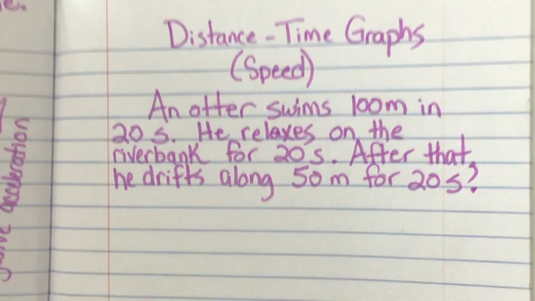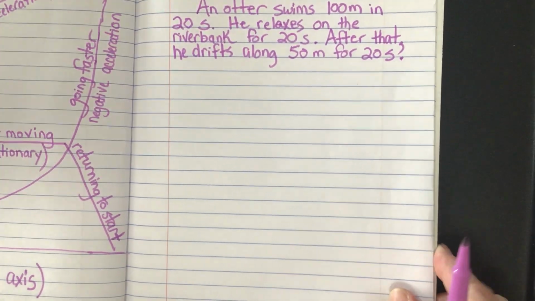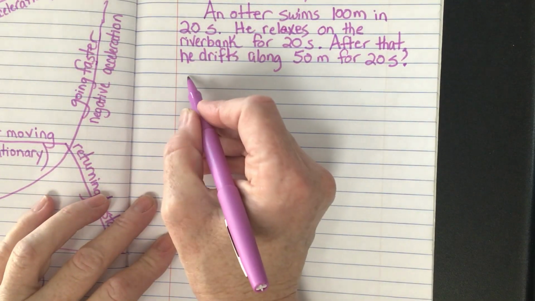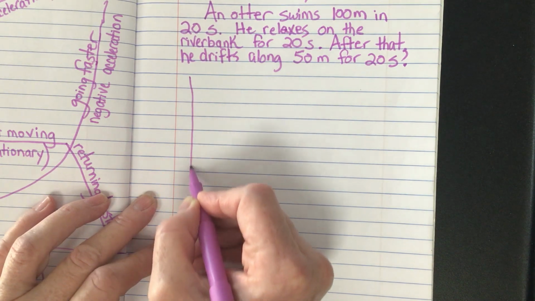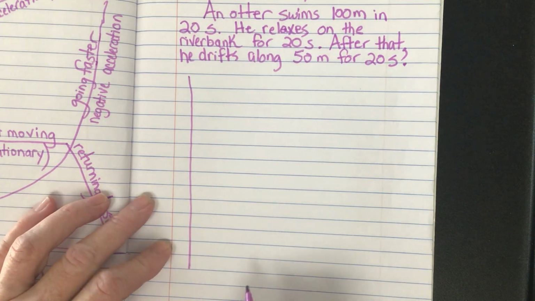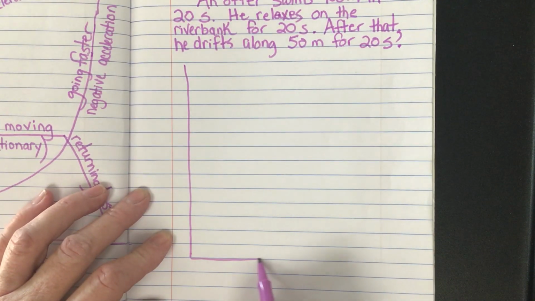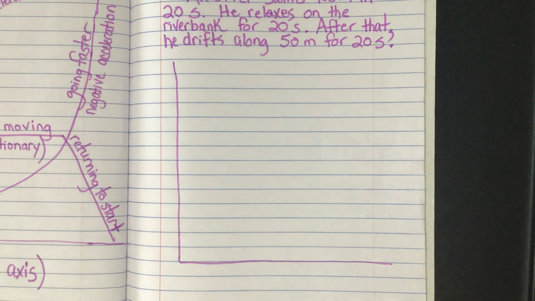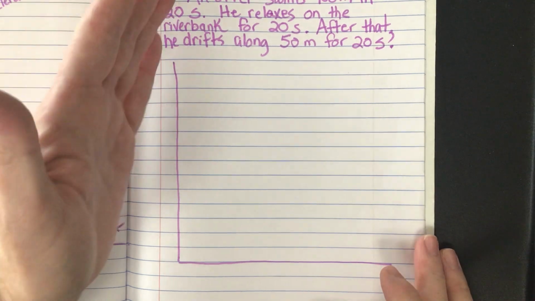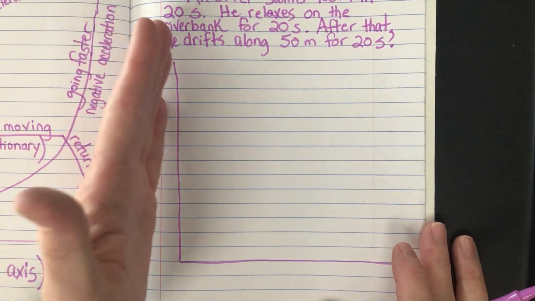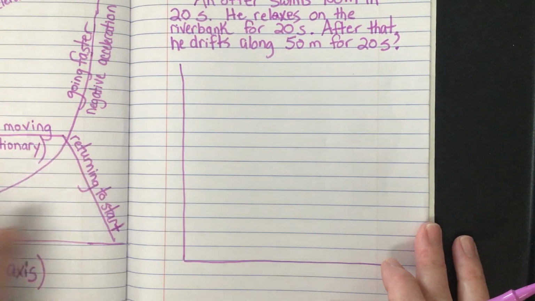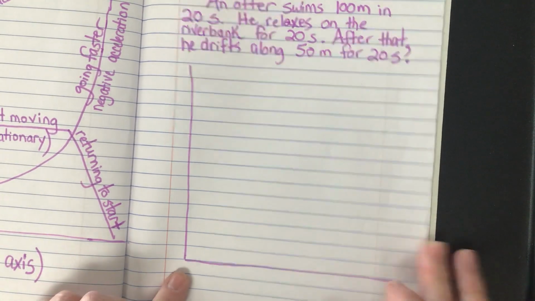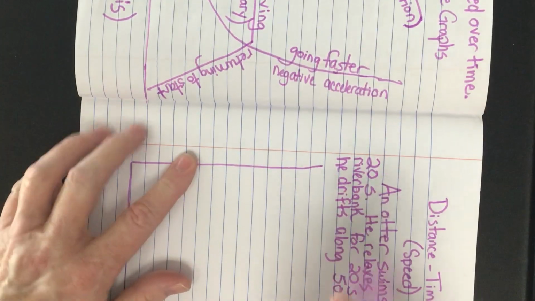All right, we're just going to make a kind of a crude graph. We're going to draw the y-axis right here and the x-axis down here. I know that y'all have been learning in math rise over run, so we put the y-axis over the x-axis. So this is distance.